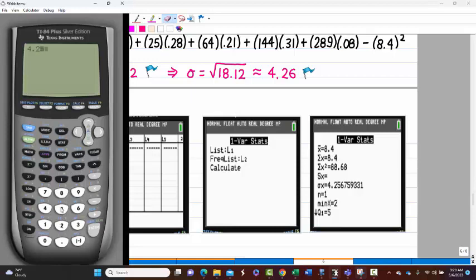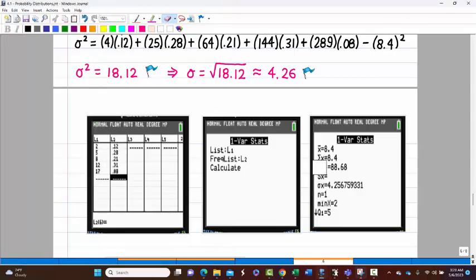Sometimes I'm just paranoid about what MyMathLab is going to want. That's good, and I'll square it, which is right there. So there's your 18.12. I don't think that's a big problem, to take that number and square it.